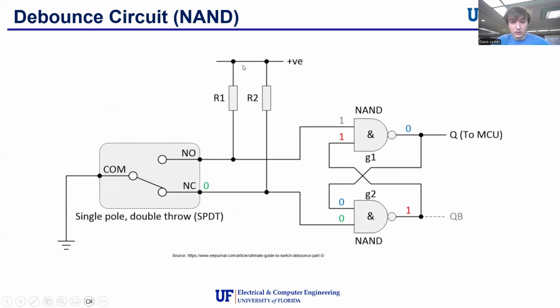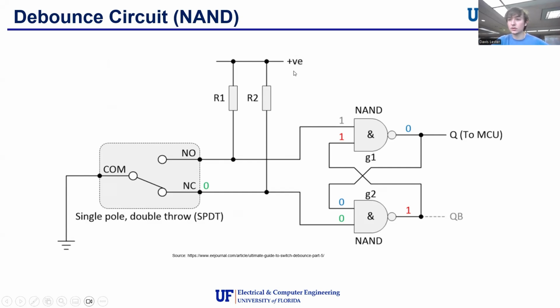This way we can still have the switch and debounce circuit work. And you need to memorize this for your practicals, quizzes, and exams. You need to know how to build a debounce circuit using both NAND and NOR. An easy way to remember this is that if you have NAND, your resistors go to power and your switch goes to ground. And the NOR version of the circuit is the inverse. And they both work the same way.